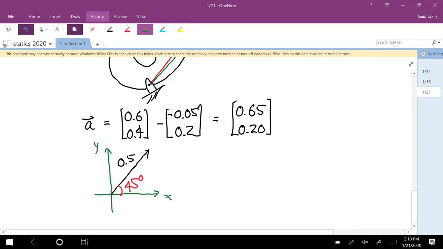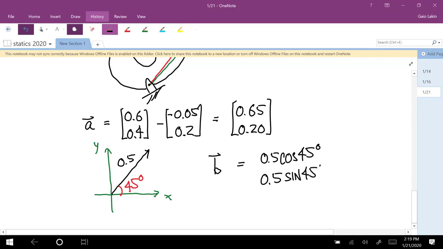So that's counterclockwise 45 degrees from the positive x-axis. And so that vector B is 0.5 times cosine of 45, 0.5 times sine of 45, and that's 0.3535, 0.3535.